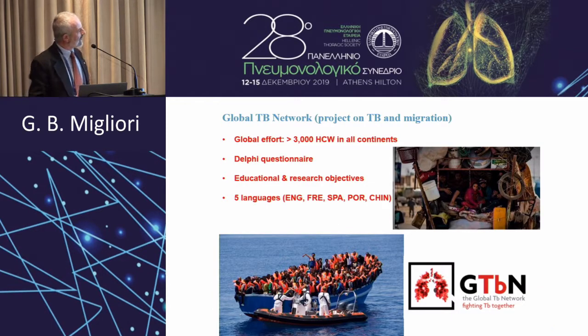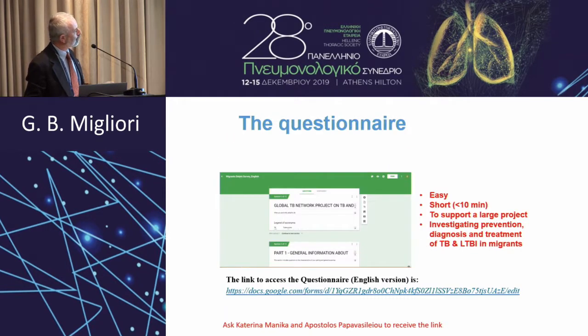The second thing is a global project that we are implementing as Global Tuberculosis Network on migration. It's a Delphi questionnaire that will be sent to over 3,000 healthcare workers, so a big thing, with educational and research objectives in 5 languages. We have the Chinese as well, but not the Greek, but you can do it in English or in Chinese if you like the Chinese, right? And the questionnaire is easy, less than 10 minutes to do.